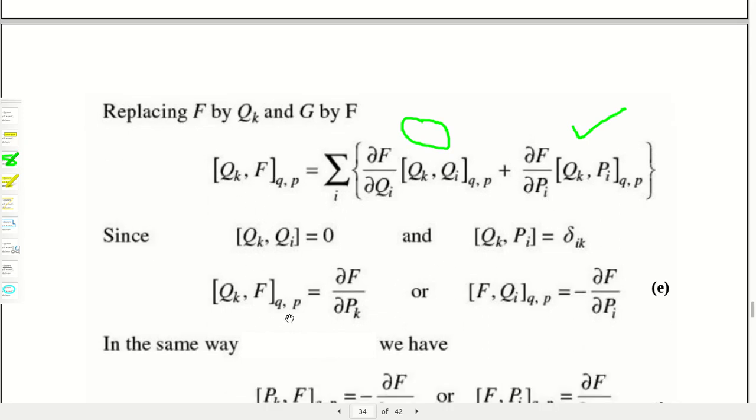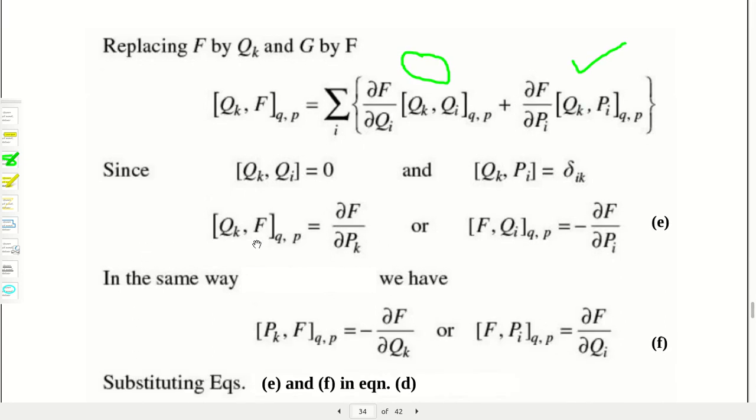Here {Q_k, F} is equal to ∂F/∂P_k. Okay, and similarly you can put i in place of k. There is no harm in this equation, because i, k, j are free indices.